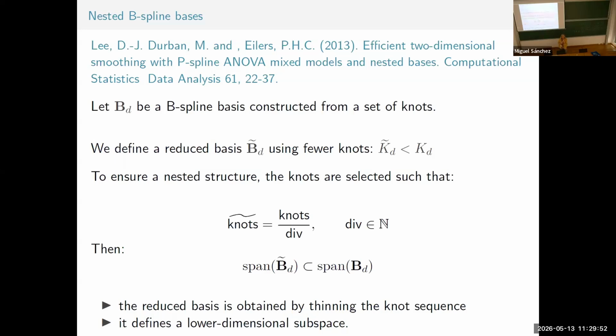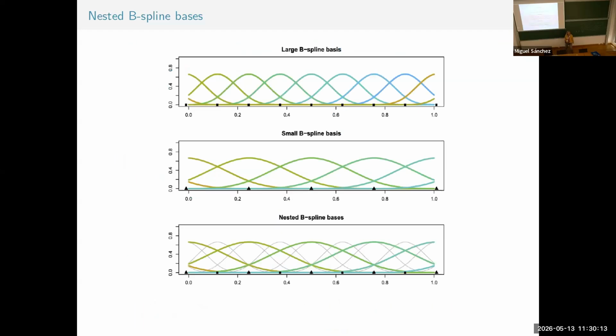And how do I choose the reduced basis so the span of the whole function remains intact? I choose the knots of the interaction to be a division of the knots of the original basis. I'll show you with a plot.